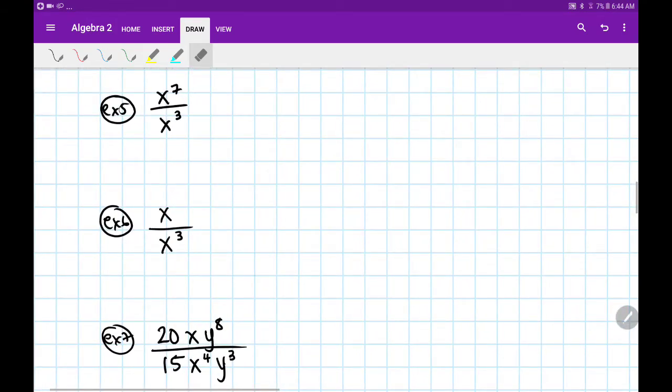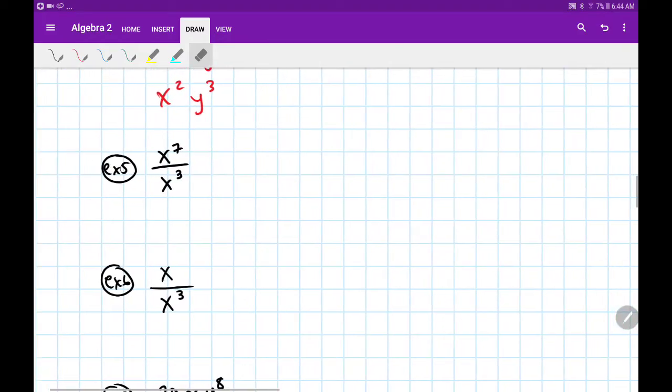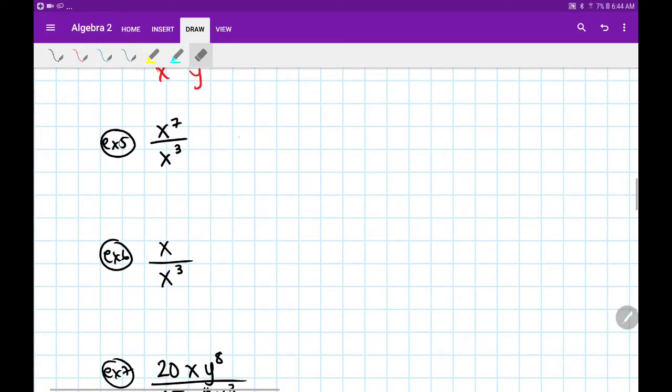All right, something new. Let's look at example 5. I have x to the 7th divided by x to the 3rd power. So let's talk about what's going on exactly. No longer are we multiplying, now we are dividing. So I'm going to rewrite this as x to the 7th, which means that I have 7 x's, divided by x to the 3rd.